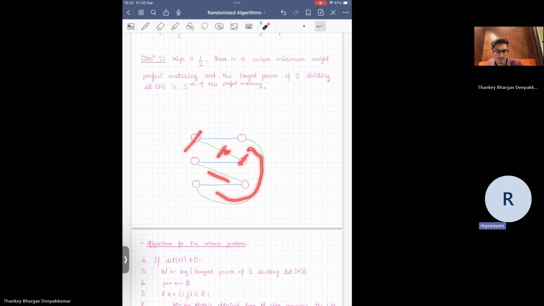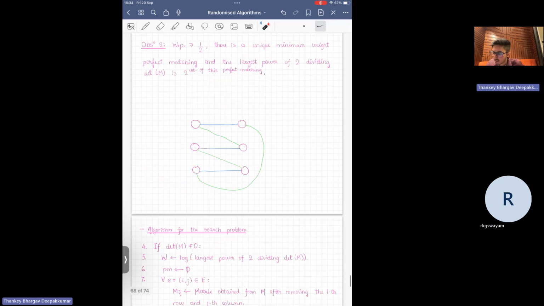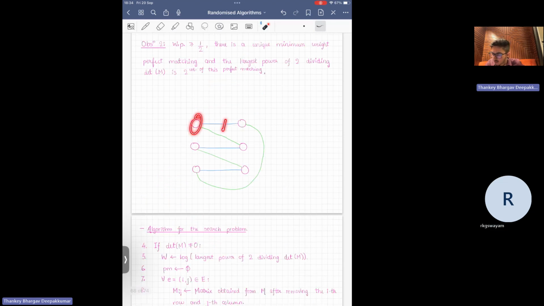But then, how is it possible that I add both blue and green edges simultaneously to the perfect matching? That is not possible. But it is possible, right? Because if our algorithm was just this, check determinant of Mij is non-zero: when I was focusing on this, I removed these two vertices, there was a perfect matching in the graph, so with high probability the determinant of Mij would be non-zero.